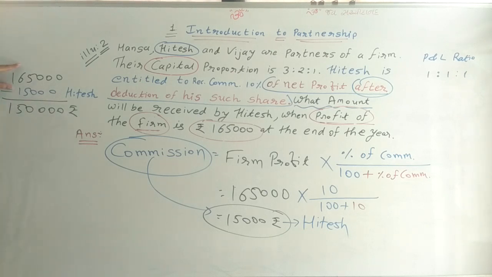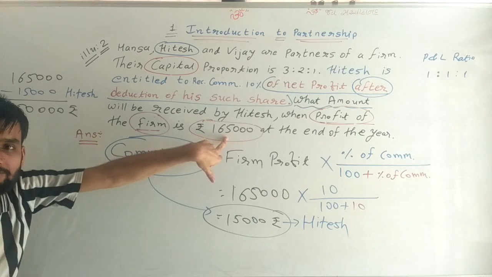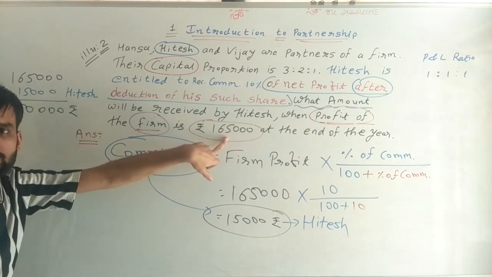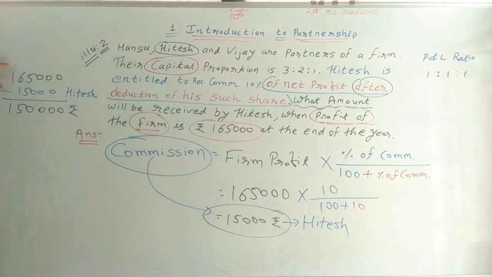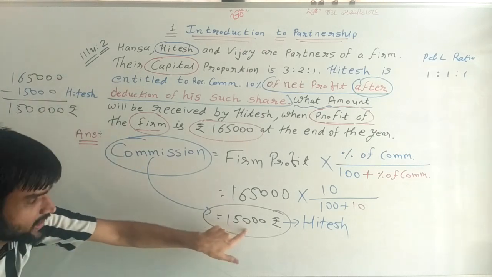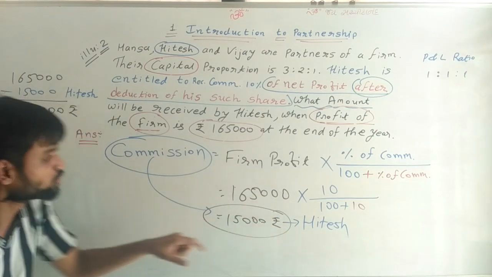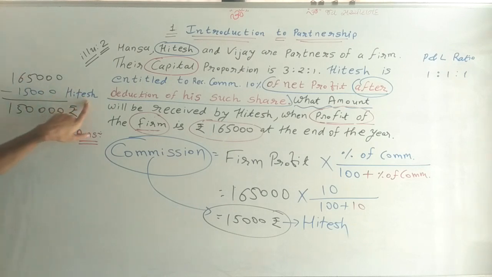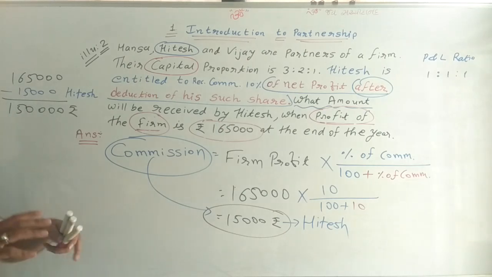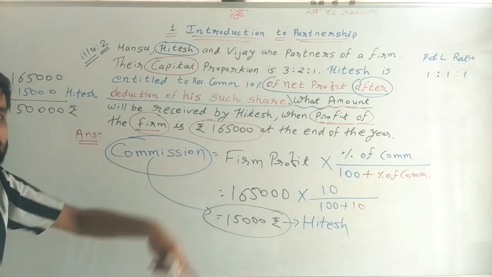Total profit of the firm is 1,65,000 rupees. From this 1,65,000 rupees, we are giving 15,000 commission to Hitesh. So this is the deduction of 15,000 given to Hitesh. Now what is the remaining profit? This remaining profit is distributed among the partners.